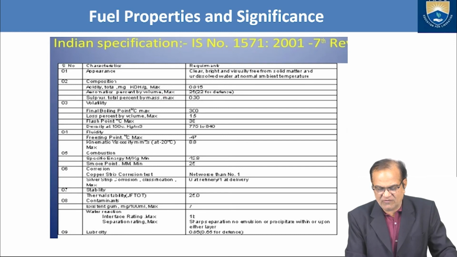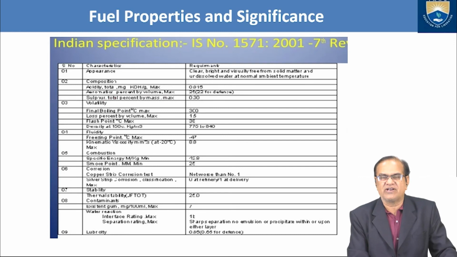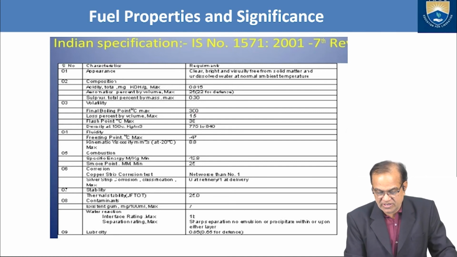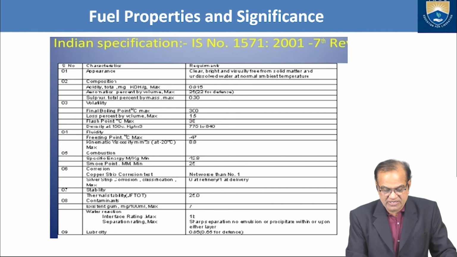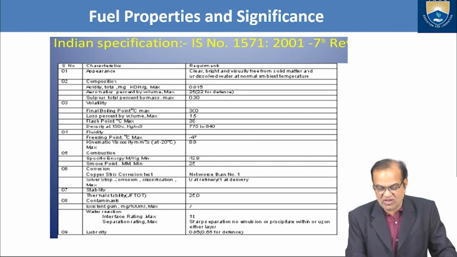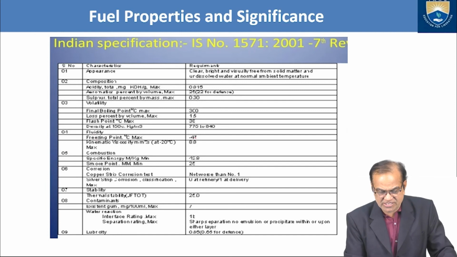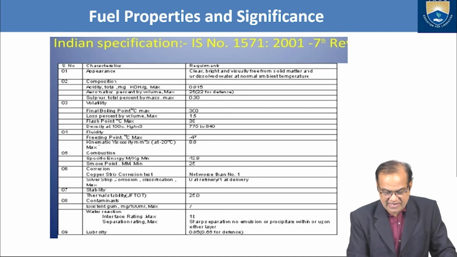Then aromatics, percentage by volume. Then we should have sulfur, and then volatility. It should have a final boiling temperature of 30 degrees centigrade. Then loss percentage by volume, maximum 1.5. Then fluidity, freezing point minus 47. Then dynamic viscosity 8.0.